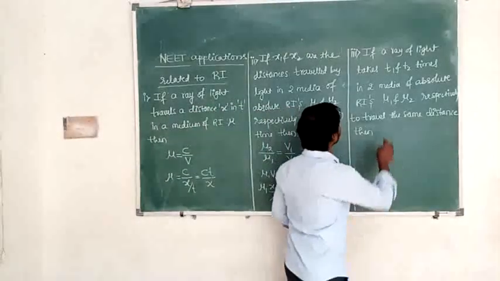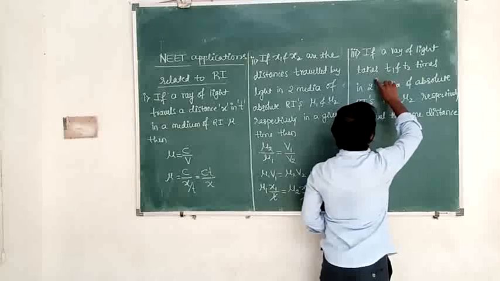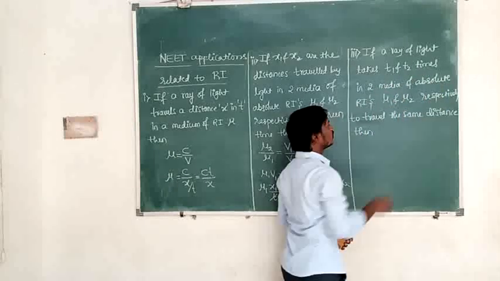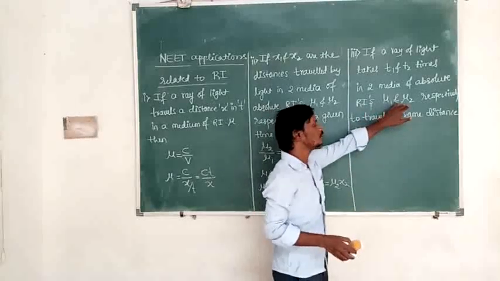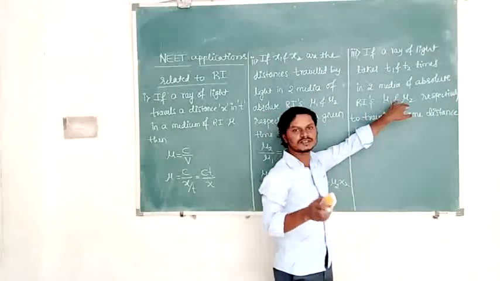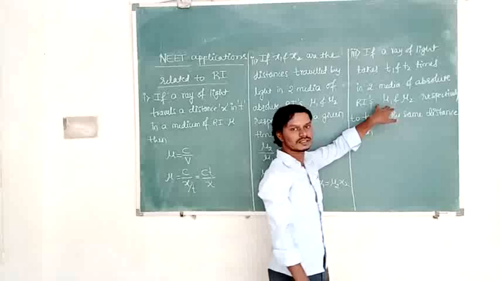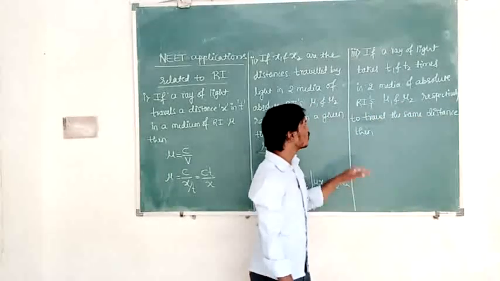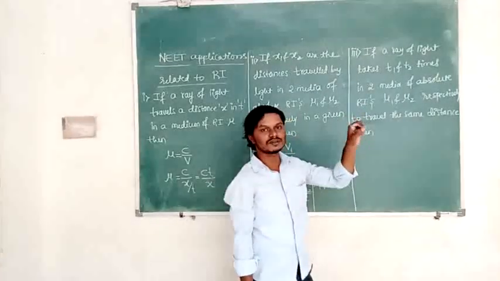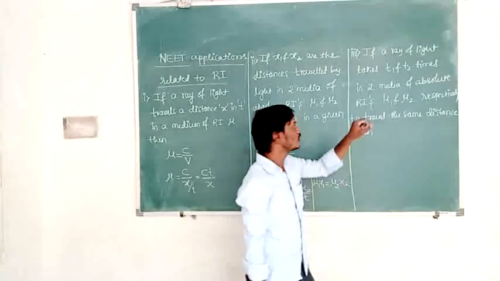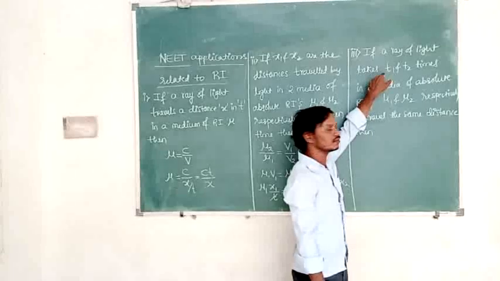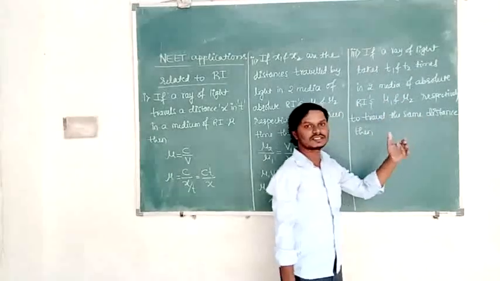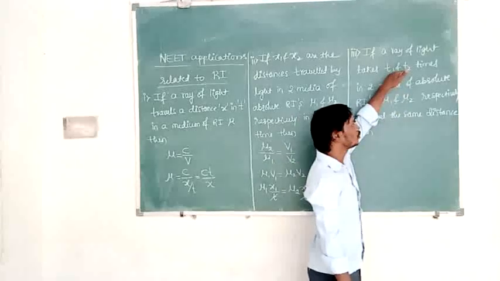Next, if a ray of light takes t1 and t2 times in two media of absolute refractive indices mu1 and mu2. The absolute refractive index of the first medium is mu1 and of the second medium is mu2. The time taken by the light to travel the distance in the first medium is t1, and in the second medium is t2.